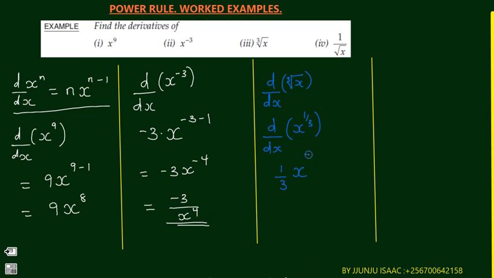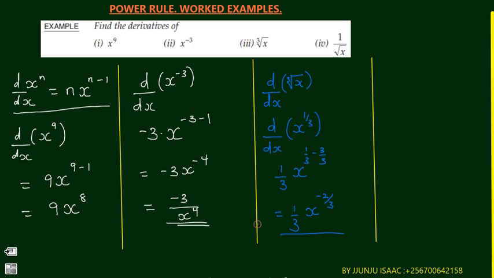This a third is pre-multiplied to our term here, then we get a third minus 1. Minus 1, we can write it as 3 over 3, it is the same. So you can see that we get a third minus 1, which is negative 2 thirds, so x power negative 2 thirds. So that is also done.